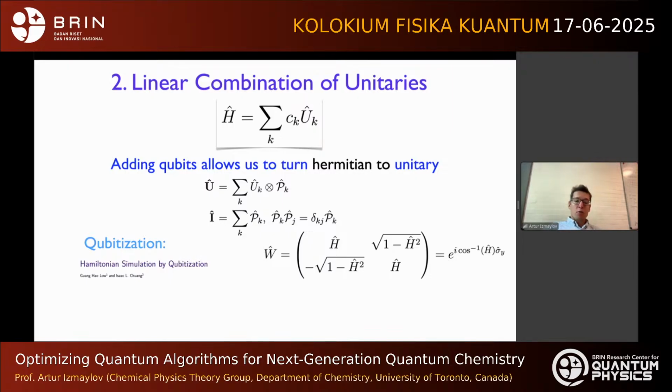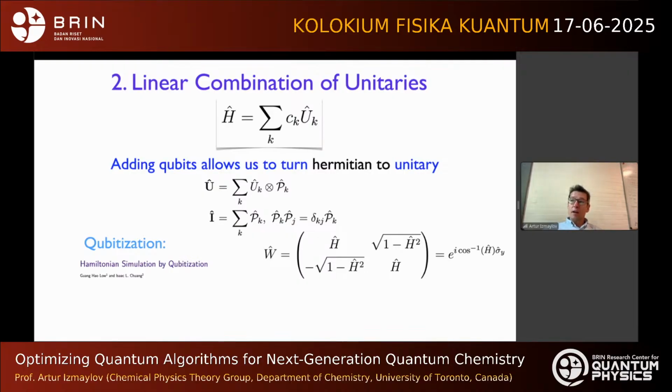And in the qubitization method, what it allows you to do is to construct, instead of an exponential function of the Hamiltonian, an exponential function of arc cosine of the Hamiltonian. And this is still very useful because it is a unitary transformation, and you could again measure phase for these transformations.